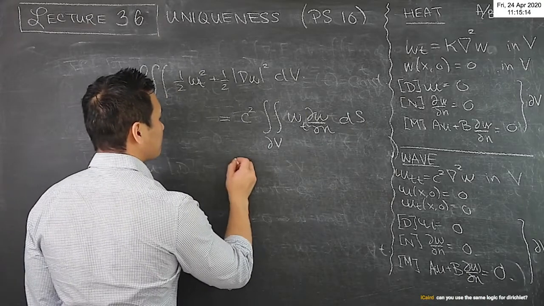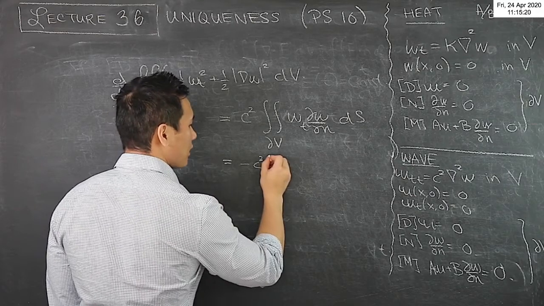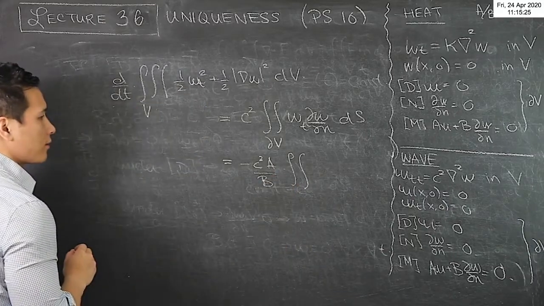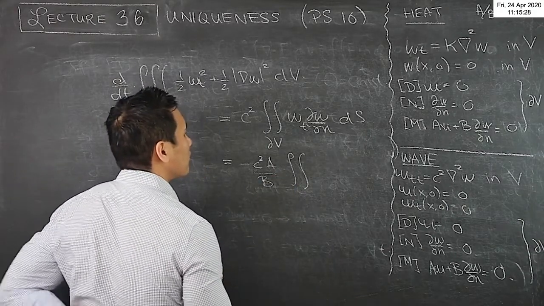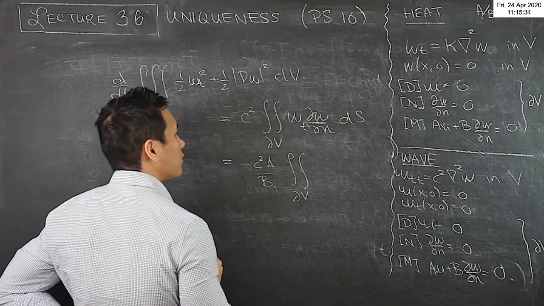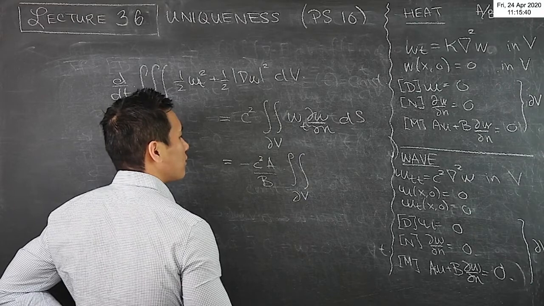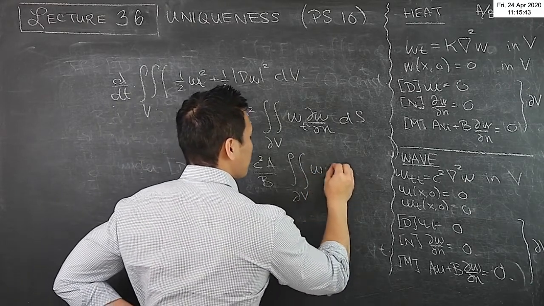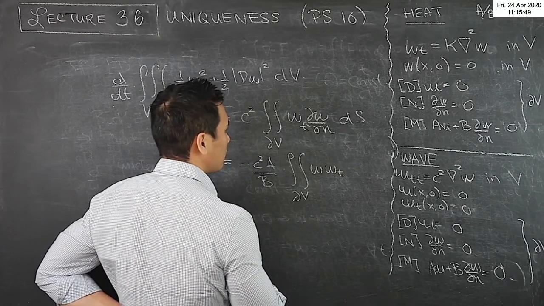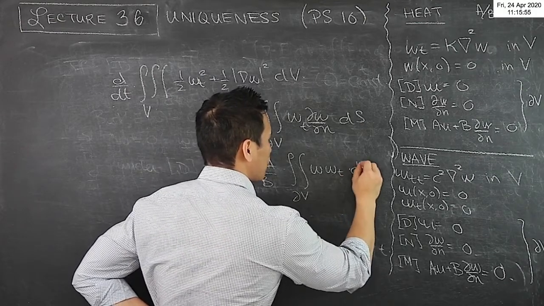So this now gives me minus c squared times a over b times the double integral of dV of W times Wt ds, like that.